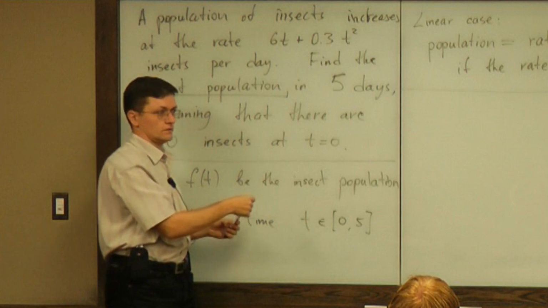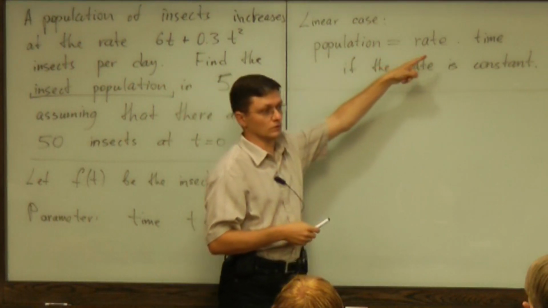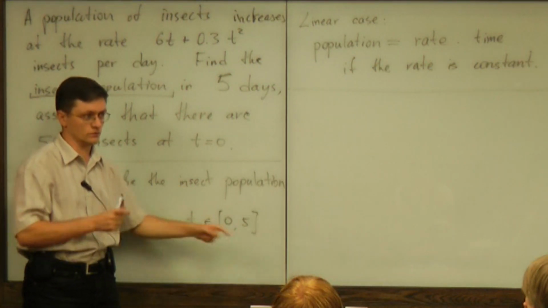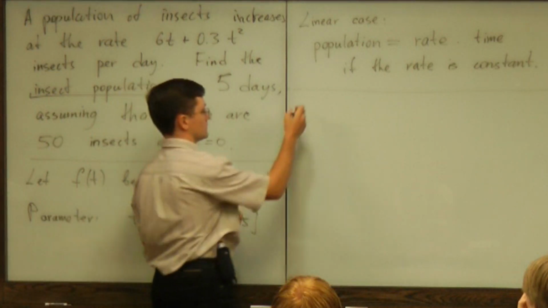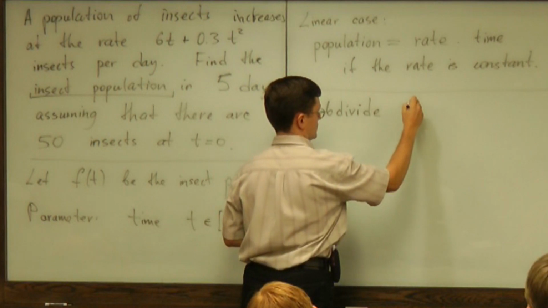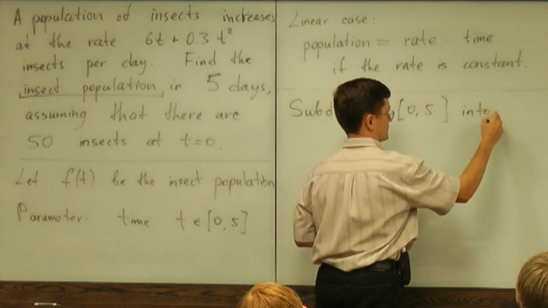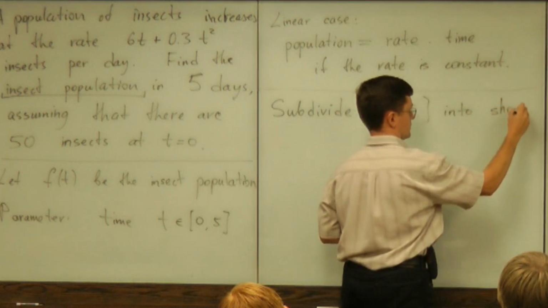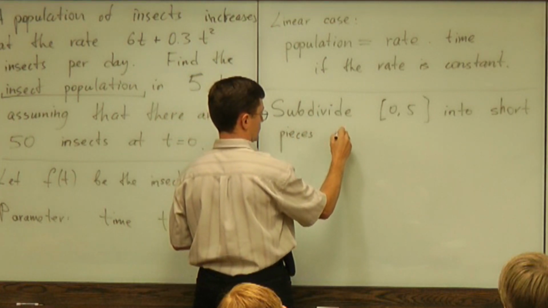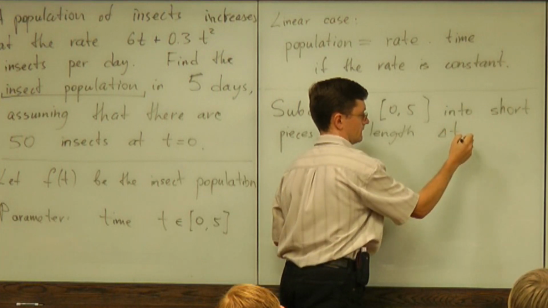All right. Now, the difficulty we have is that the rate is not constant over that time between 0 and 5. And the way to adjust to that is to say that instead of this equality, we are going to subdivide our interval from 0 to 5 into short pieces of length delta t.